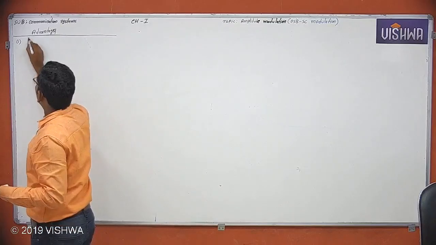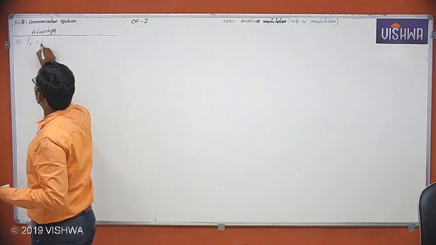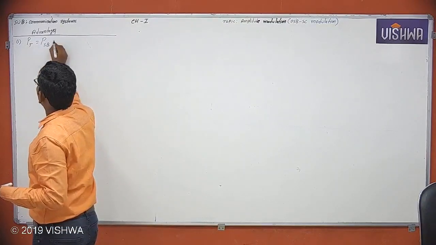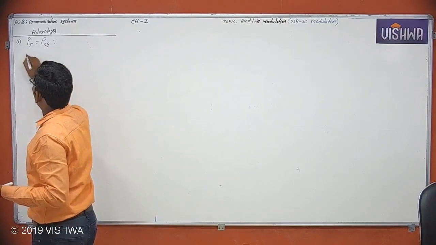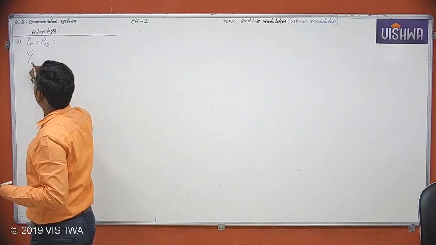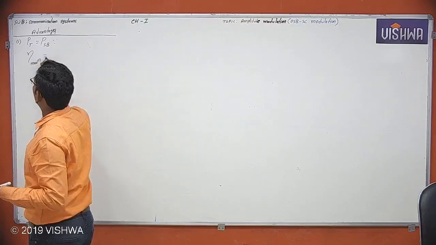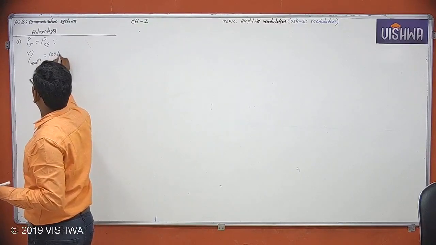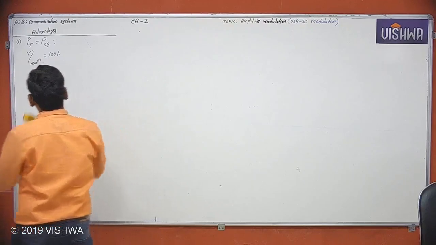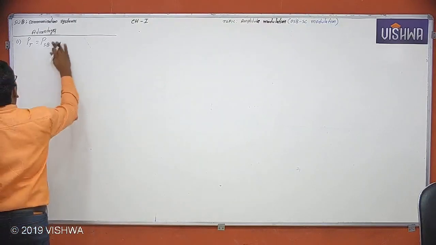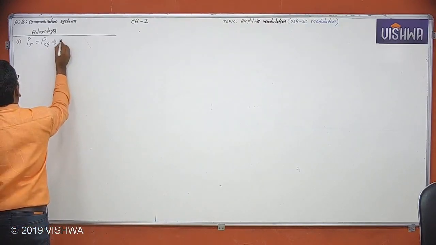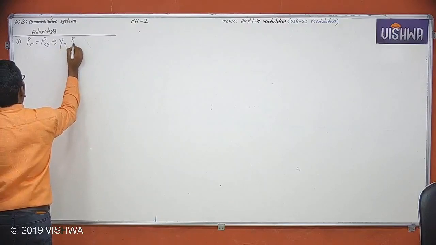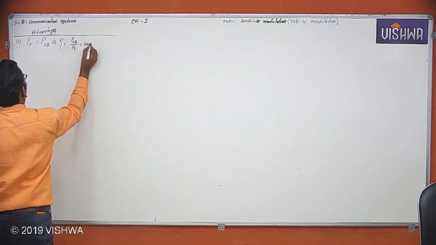Whatever the total power is carried by the sideband, such that the power efficiency or modulation efficiency is 100%. Power efficiency is increased, which is equal to total power equal to sideband power. Therefore, the power efficiency is 100%.